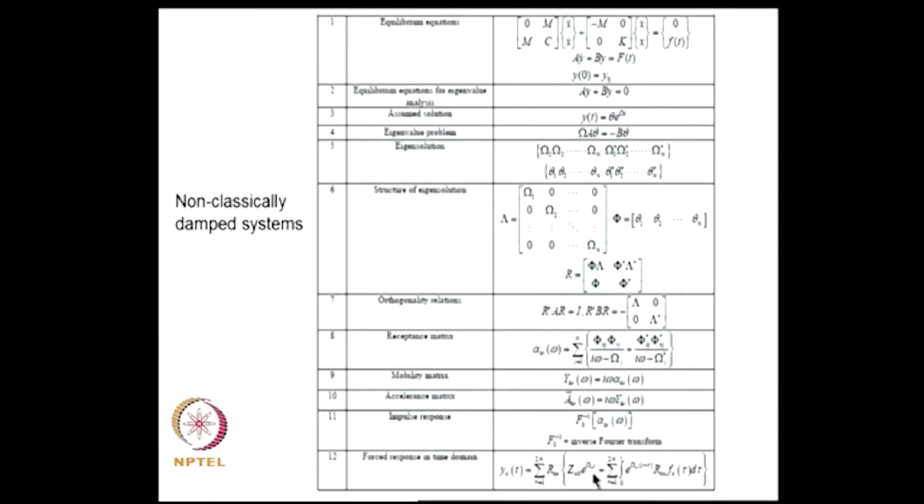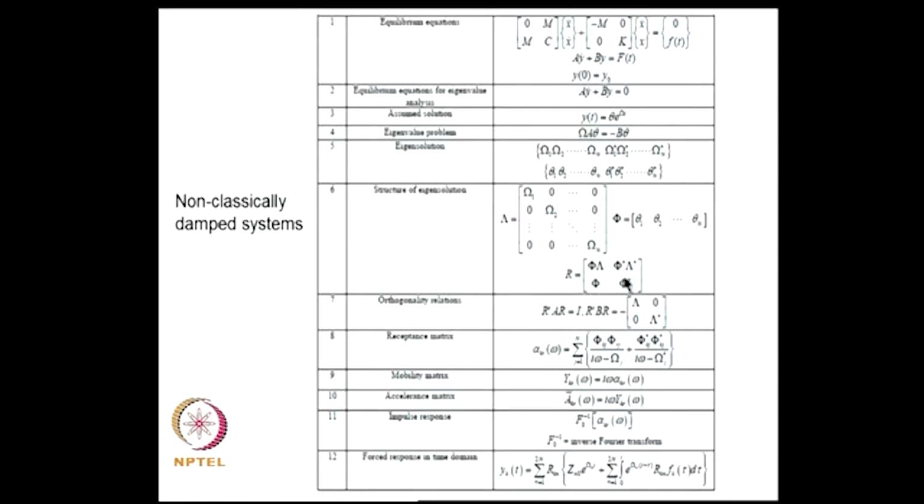Similarly, for a non-classically damped system, if you recall, we rewrote the equation of motion in this form, A y dot plus B y equal to f of t, so that A and B were symmetric matrices, and we did free vibration analysis and obtained a set of 2n complex valued natural frequencies and 2n complex valued eigenvectors. We showed that they appear as conjugate pairs, the eigenvalues and eigenvectors, and the structure of the modal matrix we delineated.